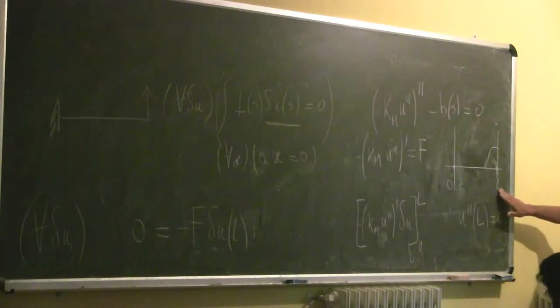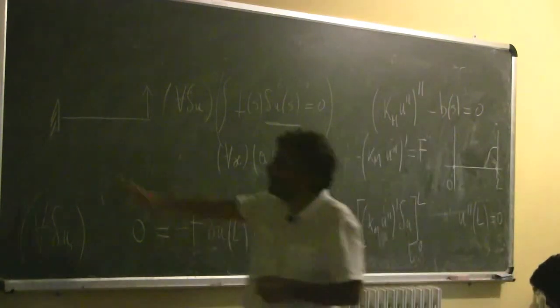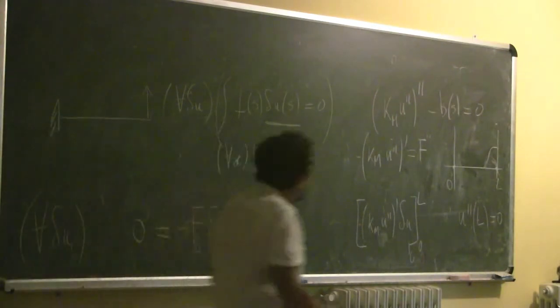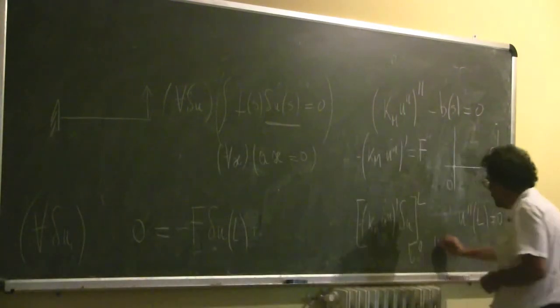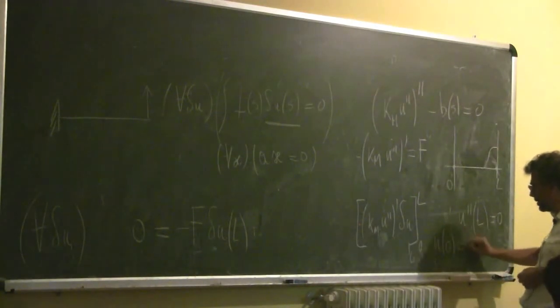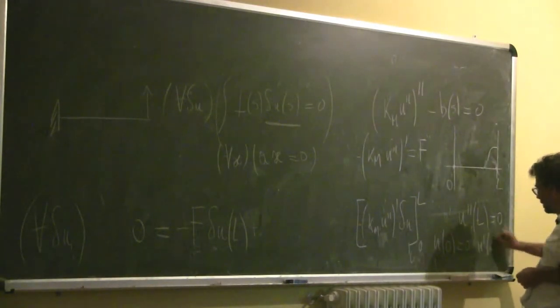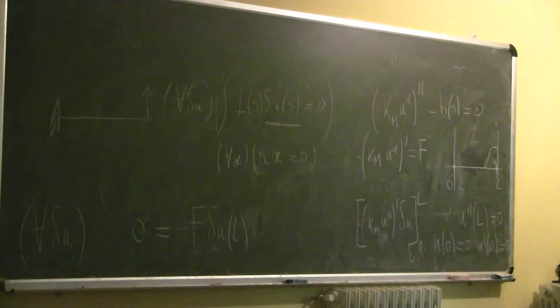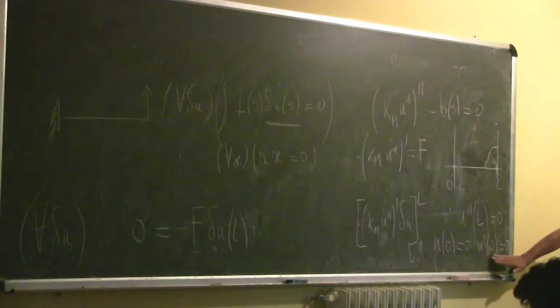While the clamping condition in 0 gives you u 0 equals 0 and u prime 0 equals 0. These are called essential boundary conditions because they tell you which boundary conditions must be verified kinematically.